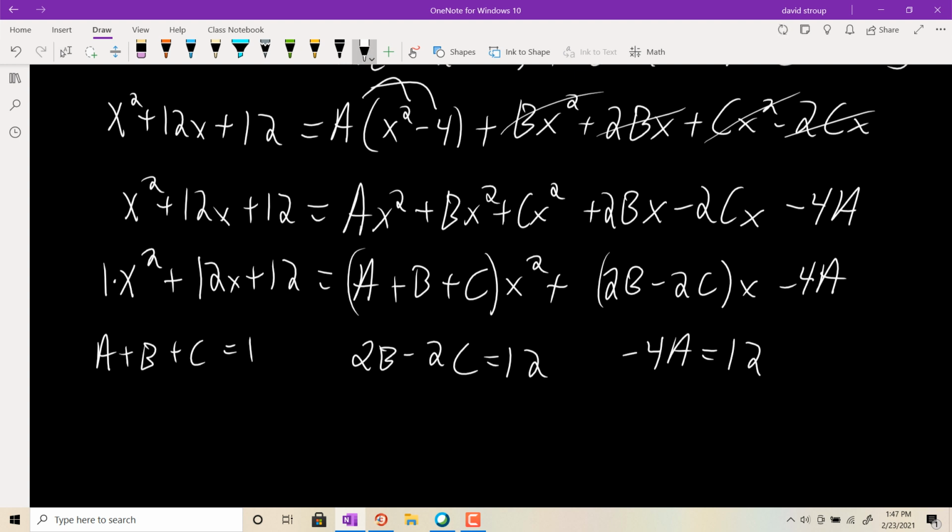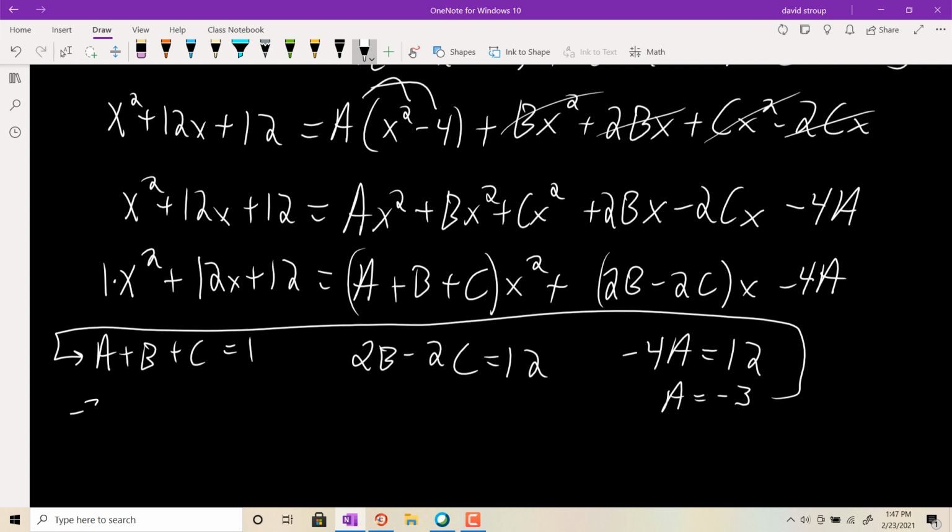Okay, so first I can solve for a. That will be negative 3. And then you want to reduce the number of variables in this first equation, so I can plug in negative 3 for a in the first equation. So I have negative 3 plus b plus c equals 1. Then I can solve for c, I guess. So c will equal 1 plus 3 is 4 minus b. And then I can plug that in here.